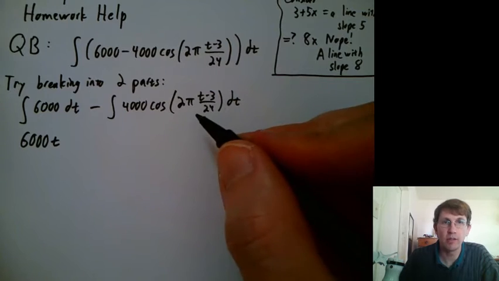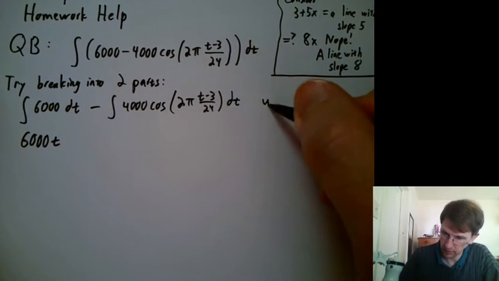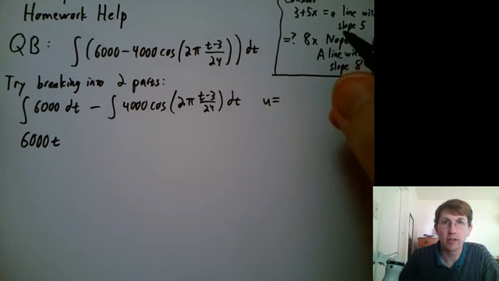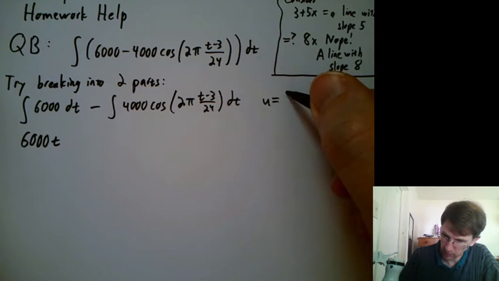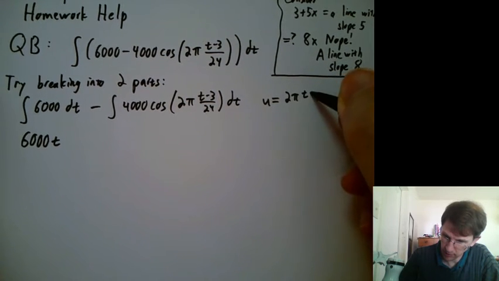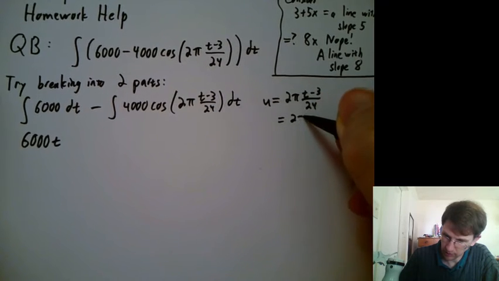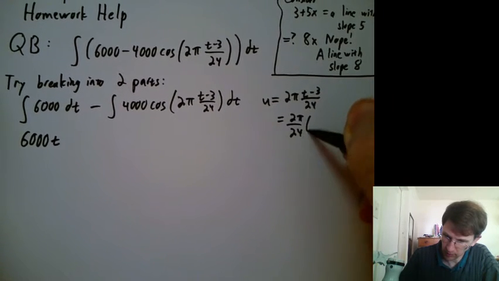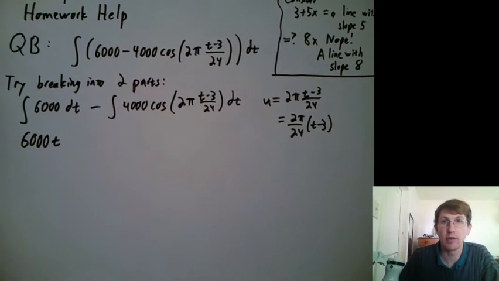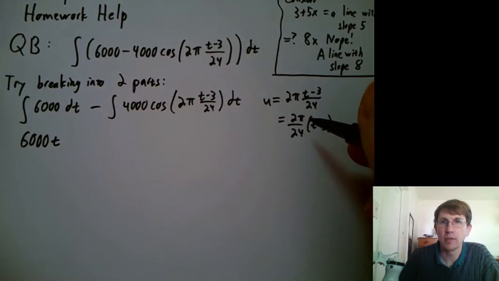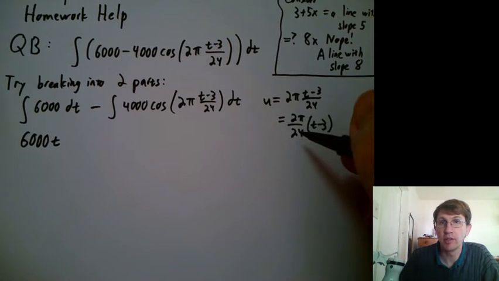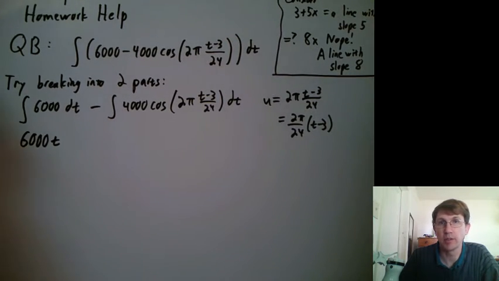Then what do we want to do for this? I'd say u equals what? Just that inside stuff, 2 pi times (t minus 3) over 24, which you could also write as 2 pi over 24 times (t minus 3). That kind of makes it more obvious what the frequency term is and the shift term separately.